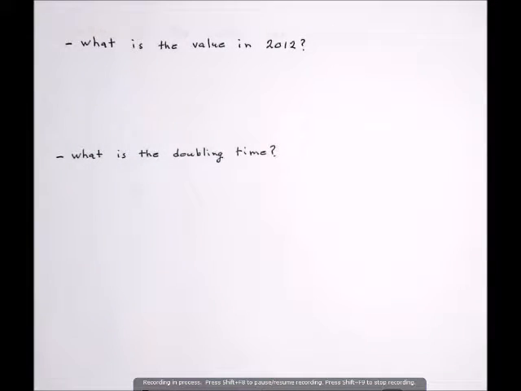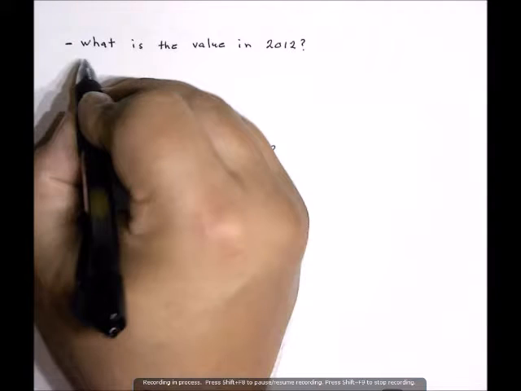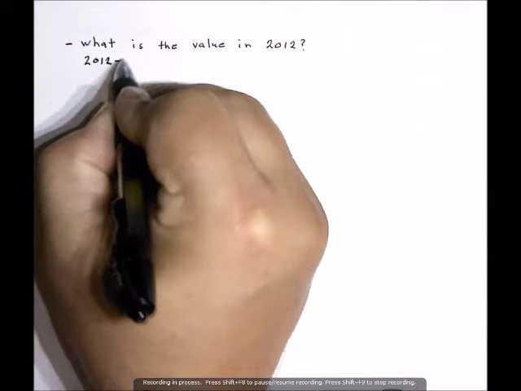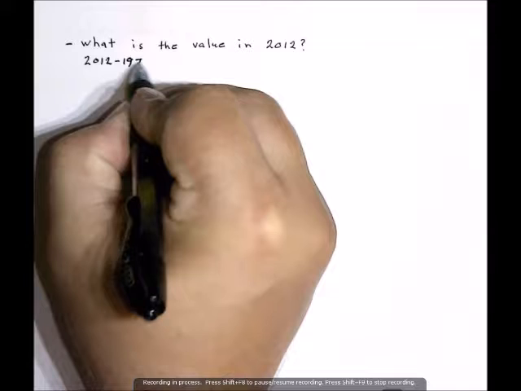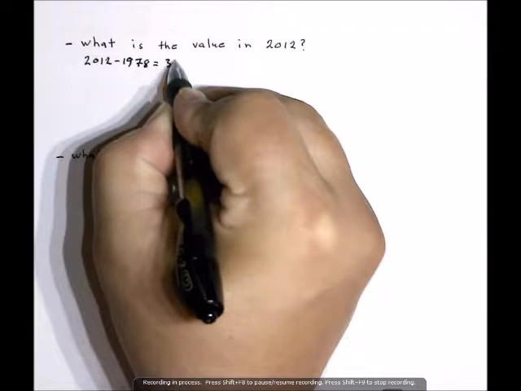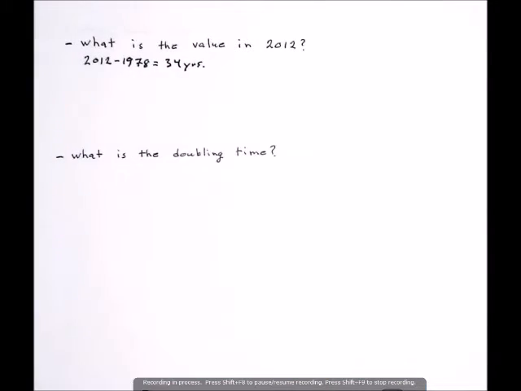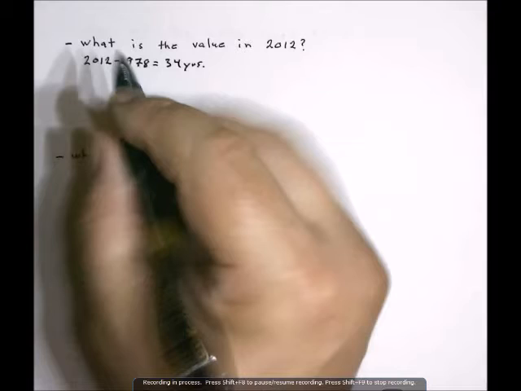The next one, what is the value of the painting in 2012? First thing we have to do is figure out how many years it is between 2012 and 1978. And that's fairly simple. We just subtract 1978 from 2012. We get 34 years. And we plug that 34 years into our formula.